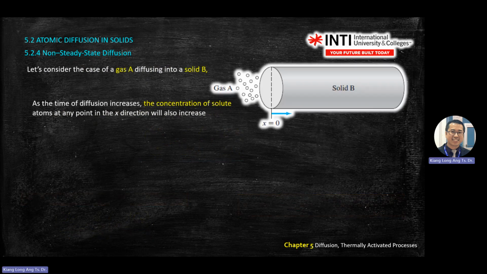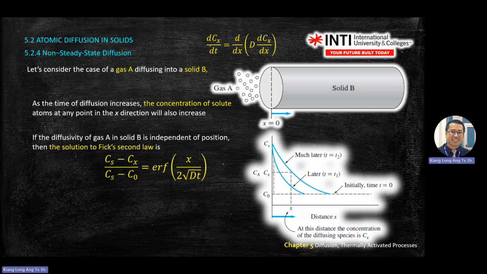So you have A to B concentration. If you derive the equation, you see the graph. Just now, the steady state one is a straight line. Non-steady is an exponential graph. So you see the two lines here are not straight lines, they're exponential lines.